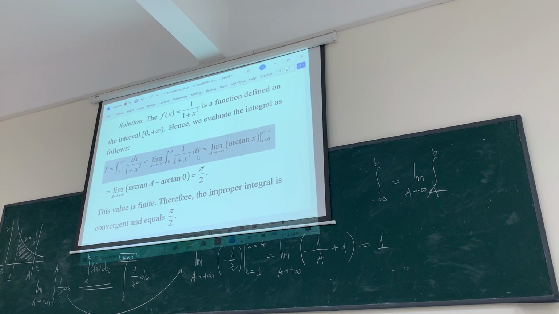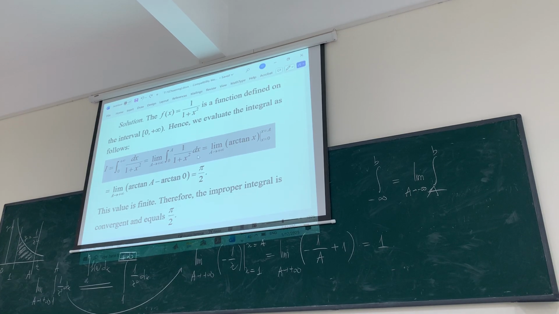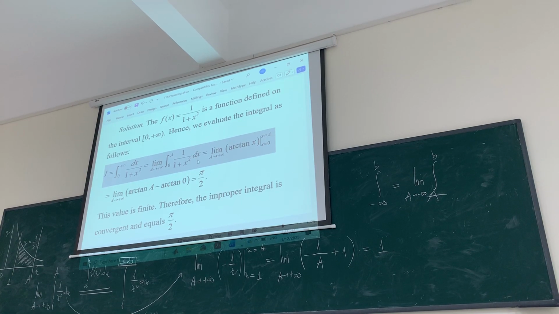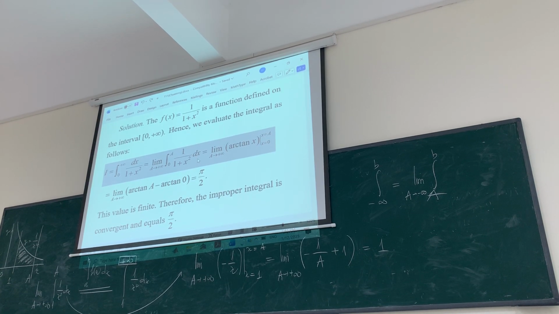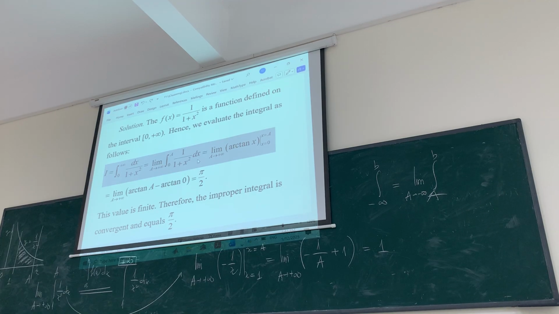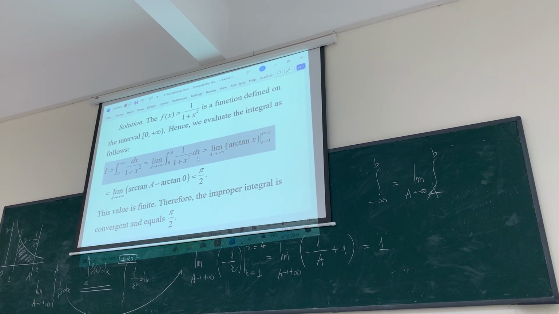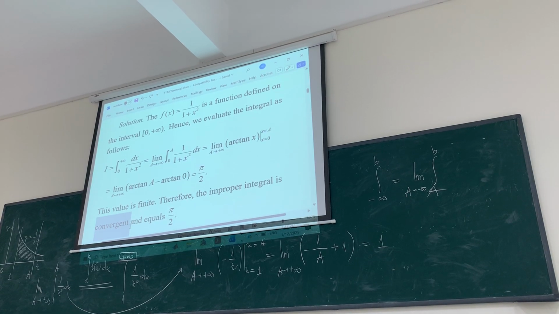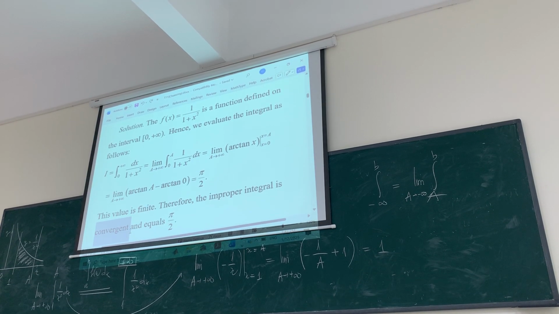So the limit here is equal to pi over 2, which exists and is finite. It means the improper integral is convergent. Here we use the adjective convergent.